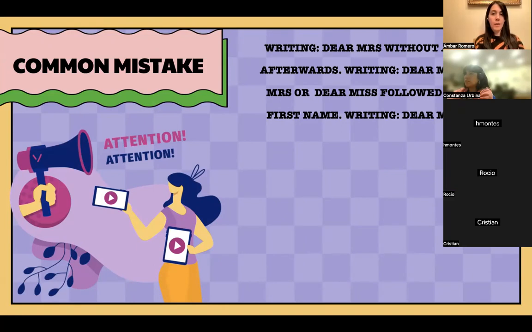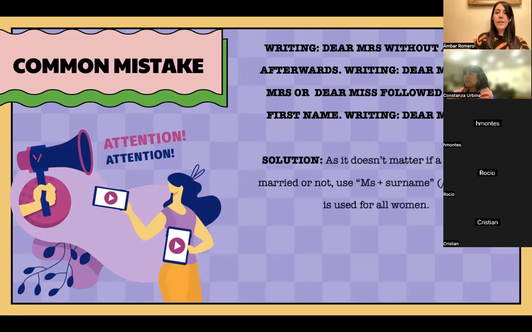For example, "Dear Mrs. Constanza", if it's formal, okay? That is incorrect. Or writing "Dear Madam". Madam is too formal, unless the person likes to be called Madam, you see? So everything depends on the communication you have with the person. But if you're writing the email for the first time, try to avoid "Dear Madam", okay?